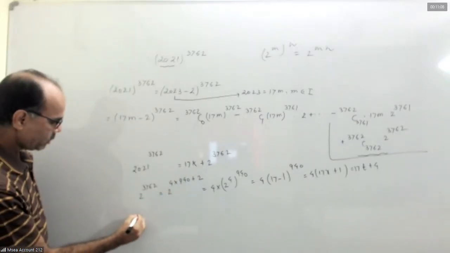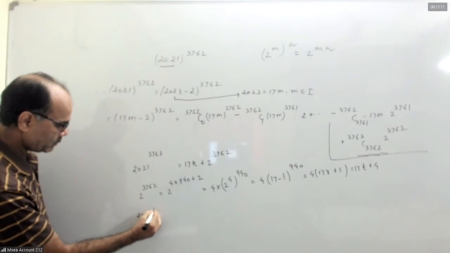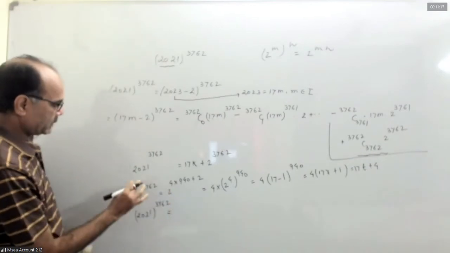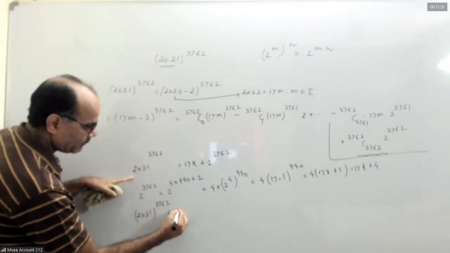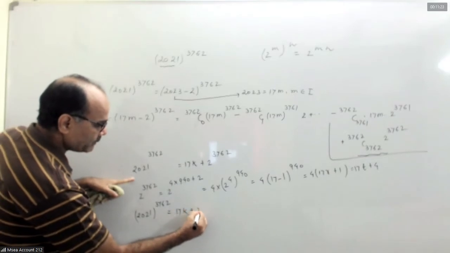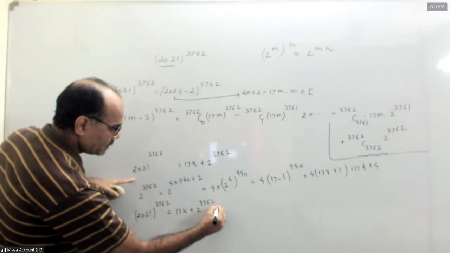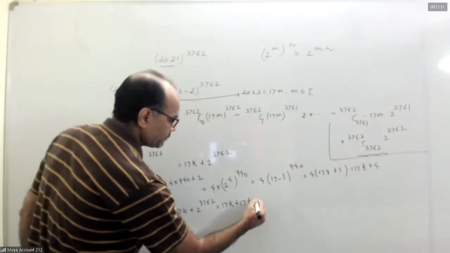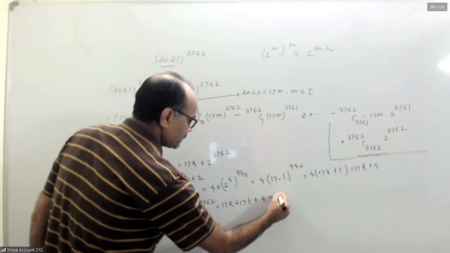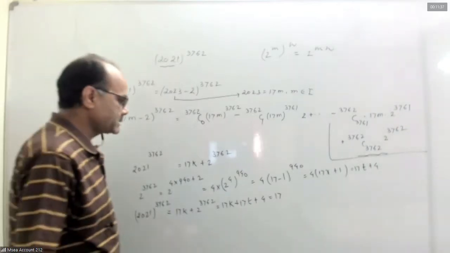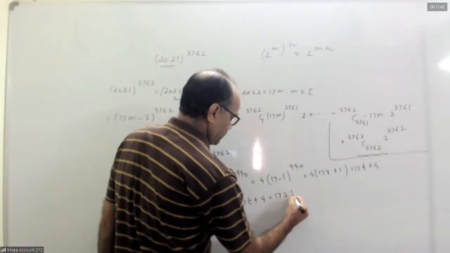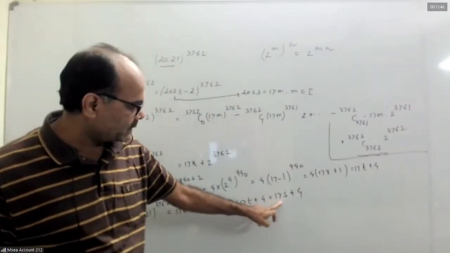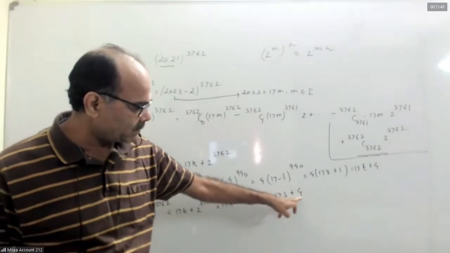Therefore, 2021 to the power 3762 equals 17k plus 2 to the power 3762, equals 17k plus 17t plus 4, equals some 17 times of any other integer s, plus 4. So this whole number can be written as some 17 into a positive integer plus 4.